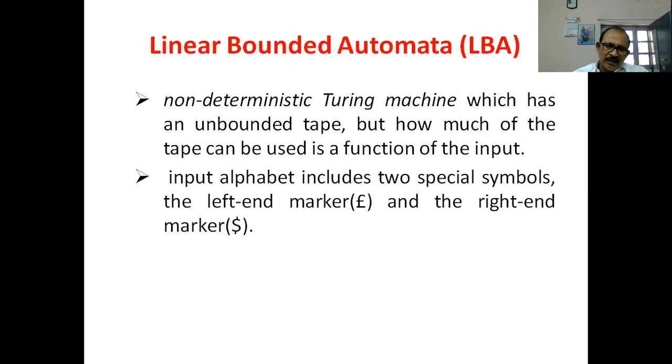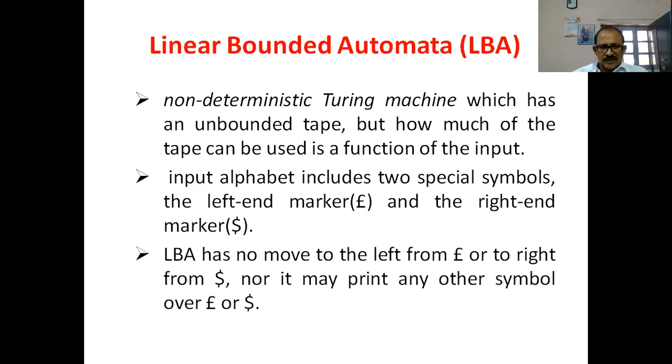Here there are restrictions: a linear bounded automaton has no move to the left of the pound sign and no movement to the right of the dollar sign, nor may it print any other symbols over these.